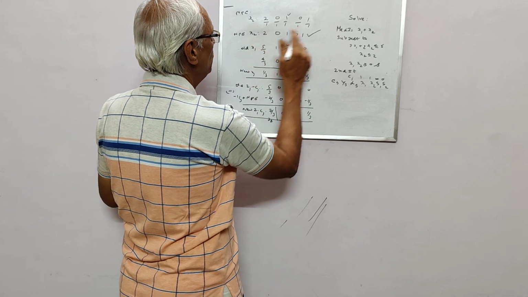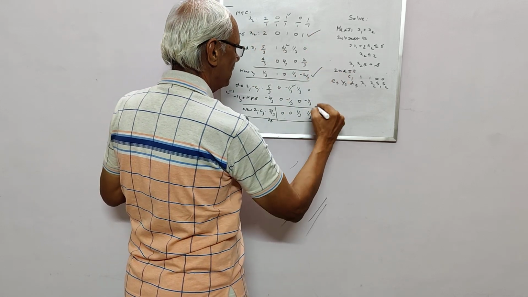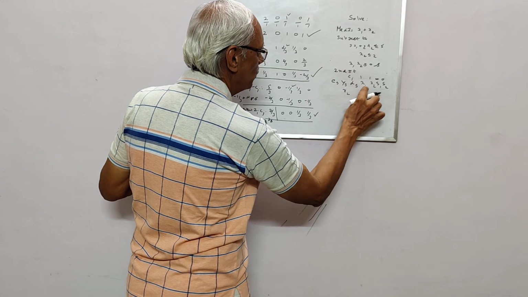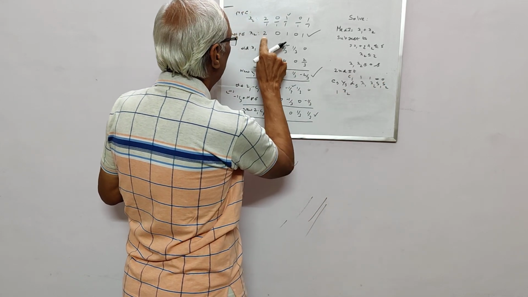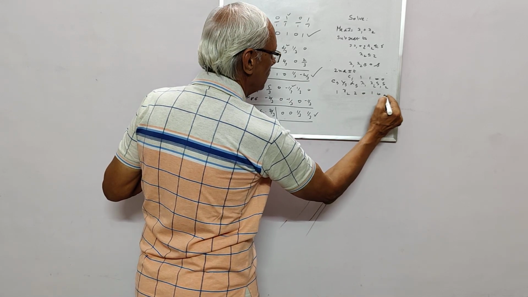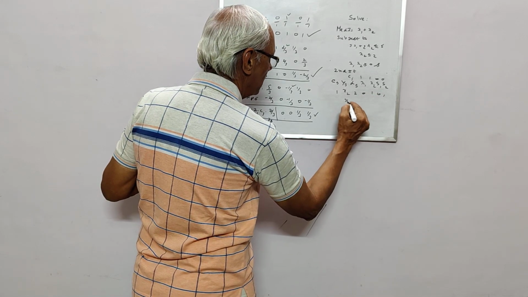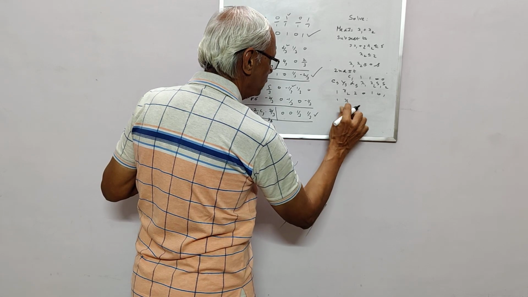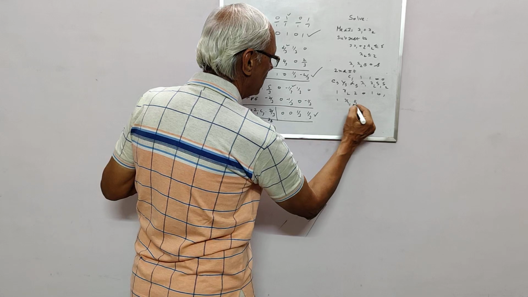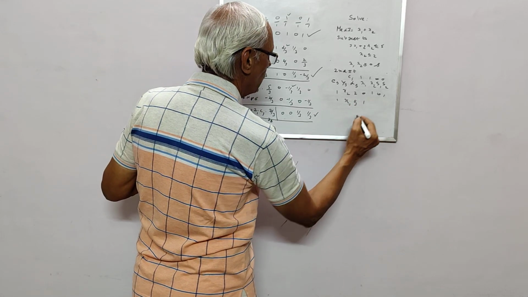And what is your X2 now? X2 coefficient is 1. Write this: 2, 0, 1, 0, 1. Then X1 is also 1. Then you write this 1 by 3.